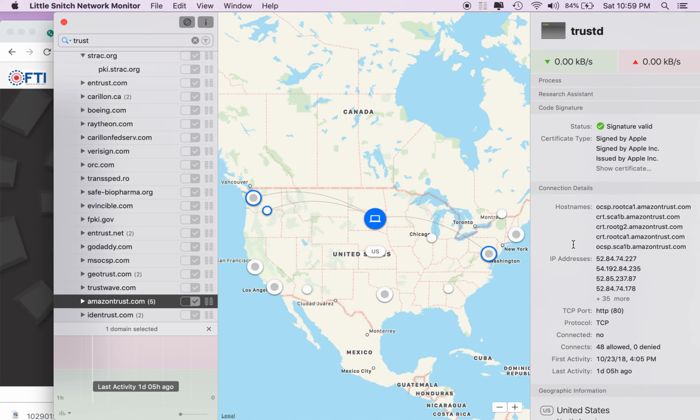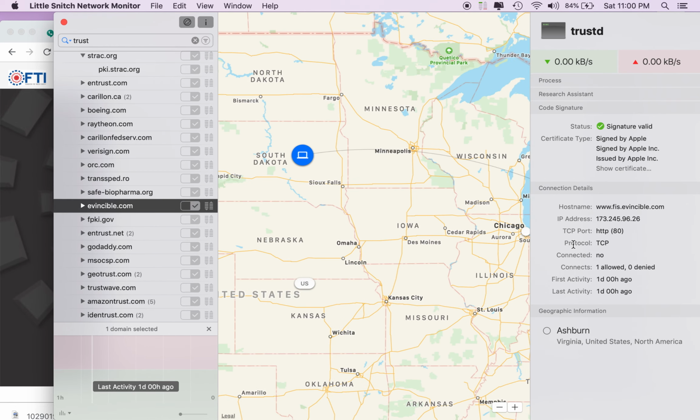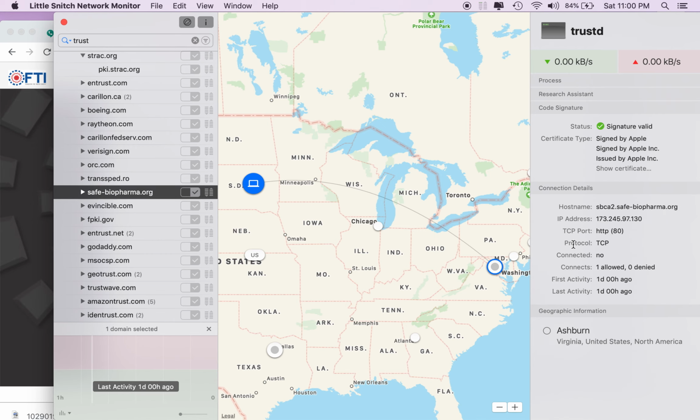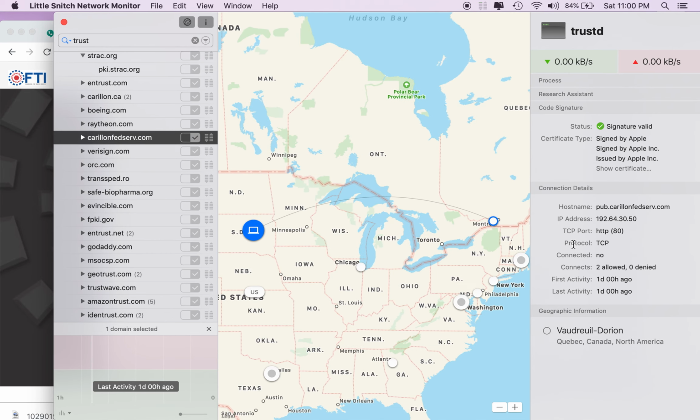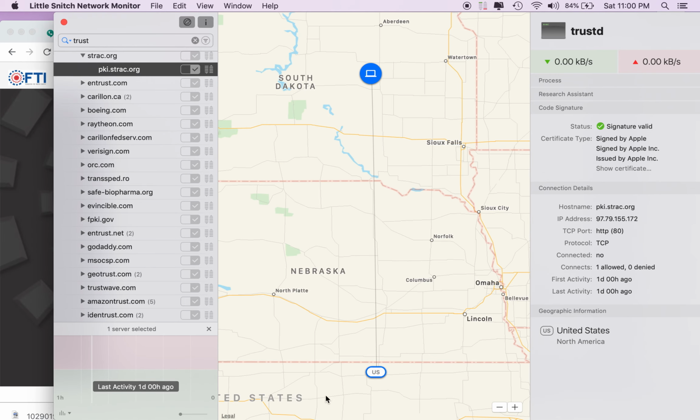Okay, so all these were more Amazon. But I mean, you can see Raytheon, Boeing were all put on. All the new government certificates were put on. Biopharmacy right here.